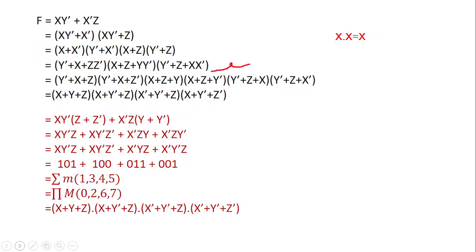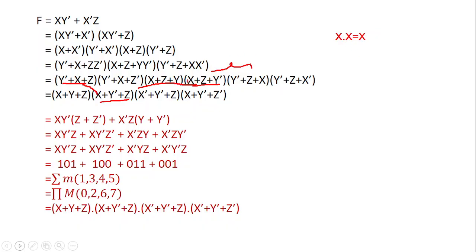Now these two terms were missing. Are these terms there already? Look at this one, x y bar z, it is already there. These two terms are the same term repeated, so there is no need to write it two times. If you write it once, it's okay.